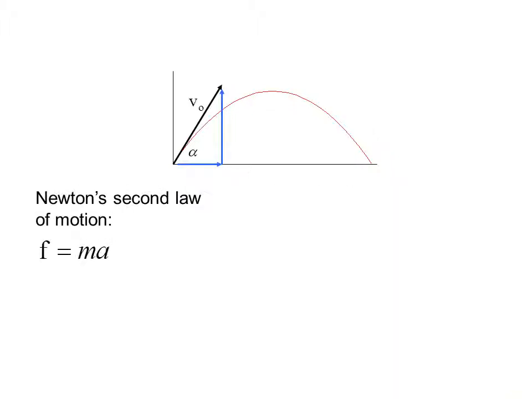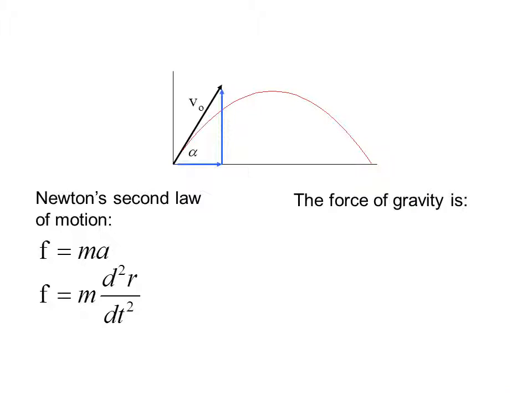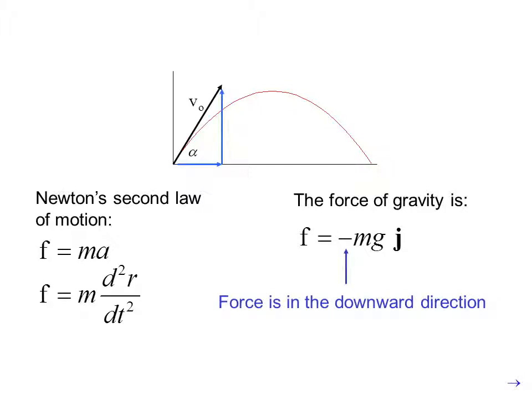Newton's second law of motion, F equals ma, gives us F equals m times d squared r over dt squared. That is the vertical acceleration. The force of gravity is F equals negative mgj. It's negative because the force is in the downward direction.